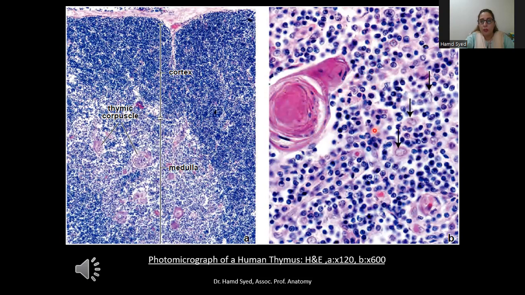The rest of the medulla is packed with lymphocytes, which have basophilic small nuclei, whereas a few cells, pointed out by these black arrows, are the epithelio-reticular cells forming the cytoreticulum within the medulla. So these are the type 5 epithelio-reticular cells, and they have a large pale staining nucleus because of the euchromatin.